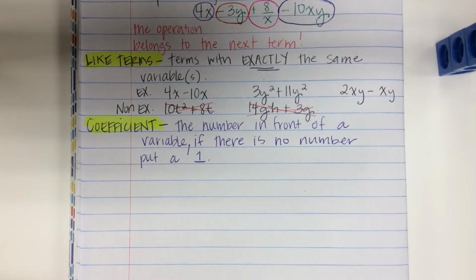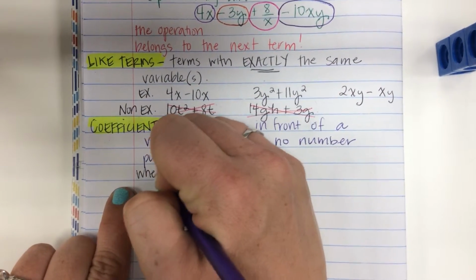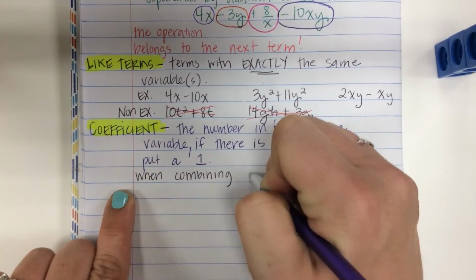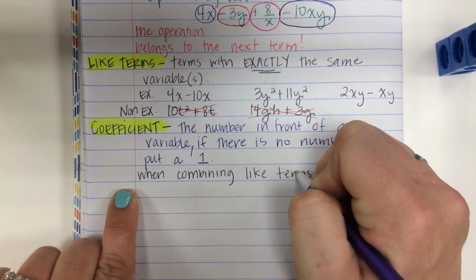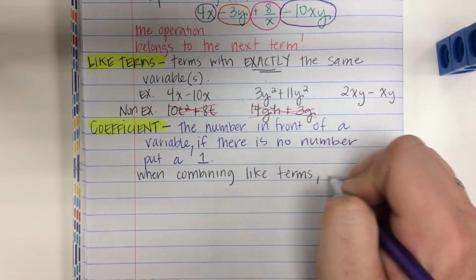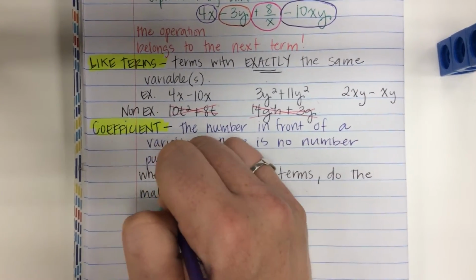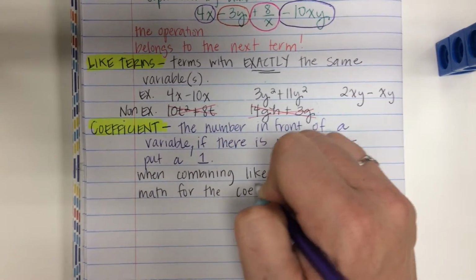And it's important to know coefficients because when you combine like terms, do the math for the coefficients.